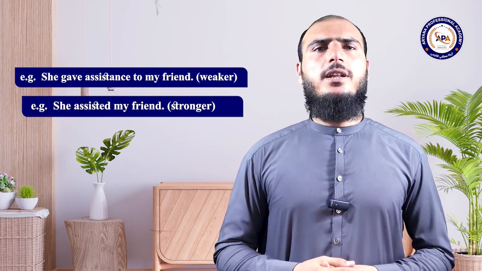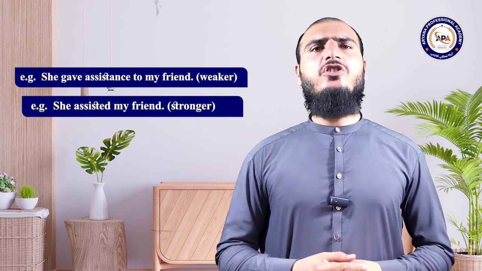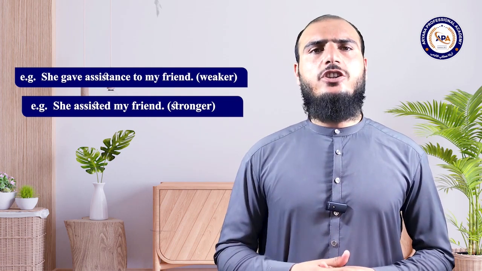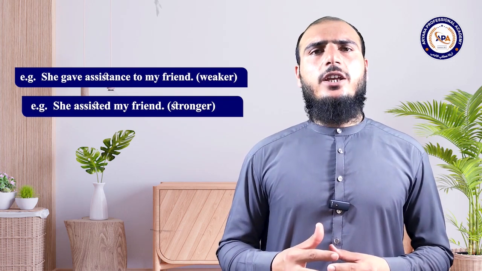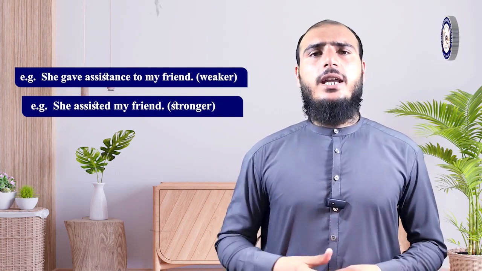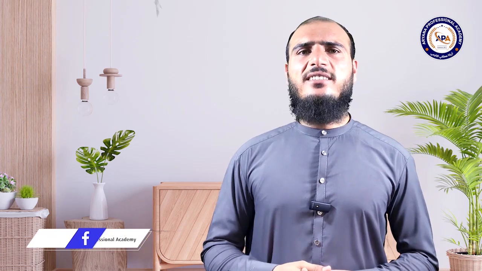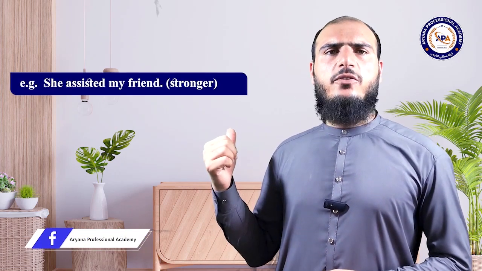In the first example, if you look at the word assistance, it is a noun. Anytime you see a verb-noun combination, take a pause and think whether the noun form here has its own verb form. If it has its own verb form, use the verbal form. So I would say this sentence like, she assisted my friend.